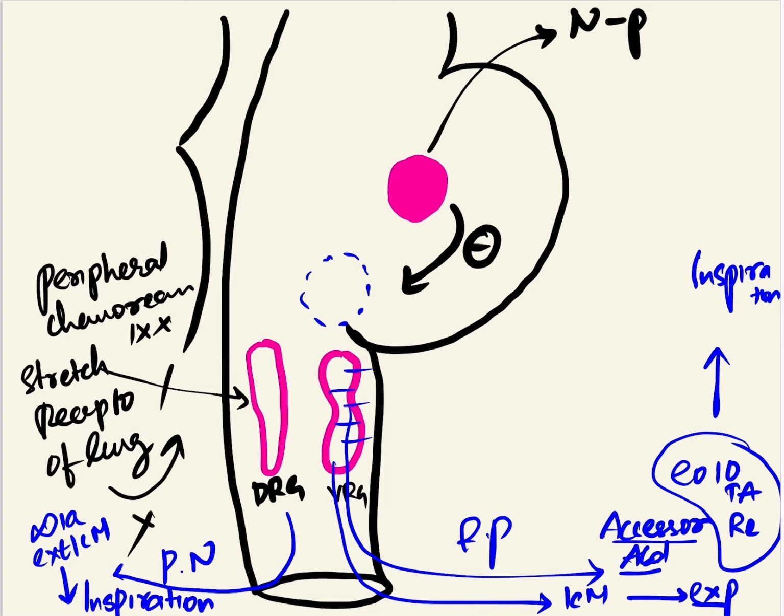Okay guys, this is about the mechanism, and now I would like to also tell you about the role of the vagus nerve in all this mechanism. Role of the vagus nerve: whenever there is an inspiration, it causes stretch of the lung parenchyma.